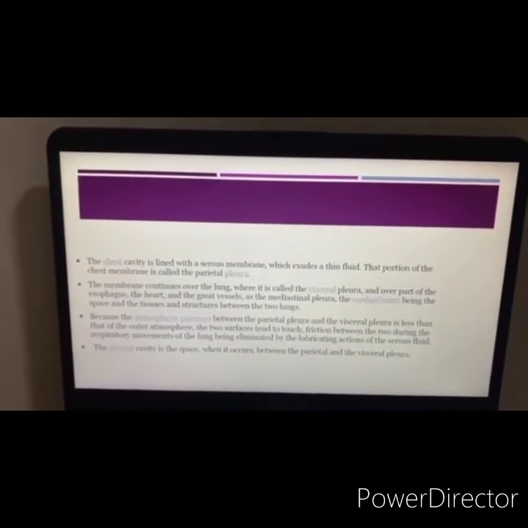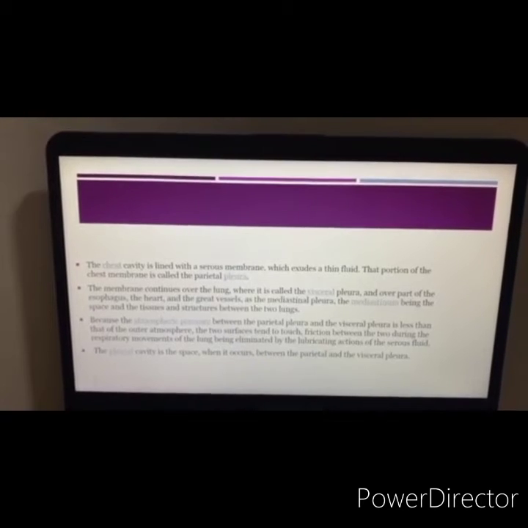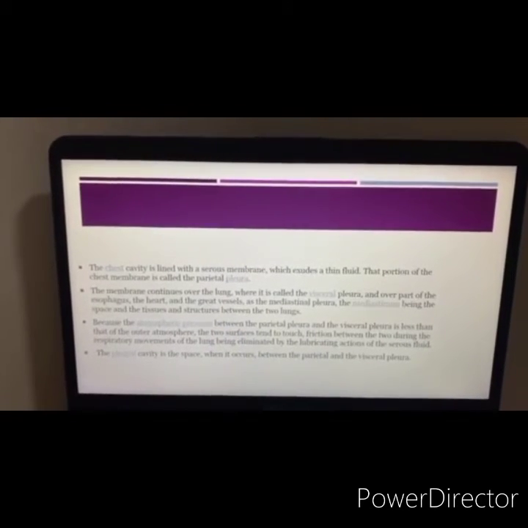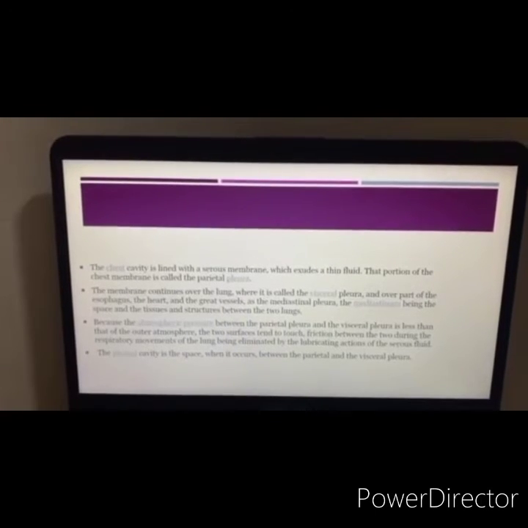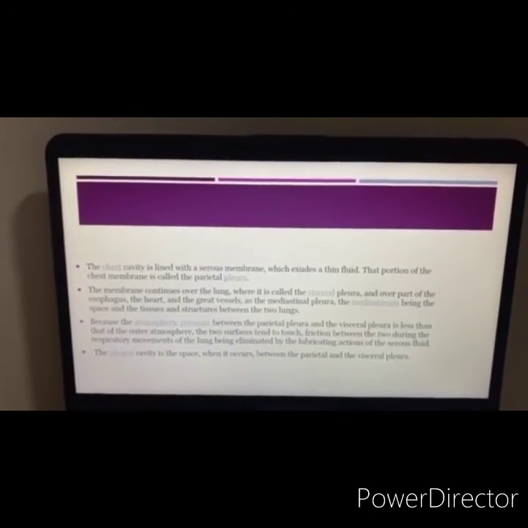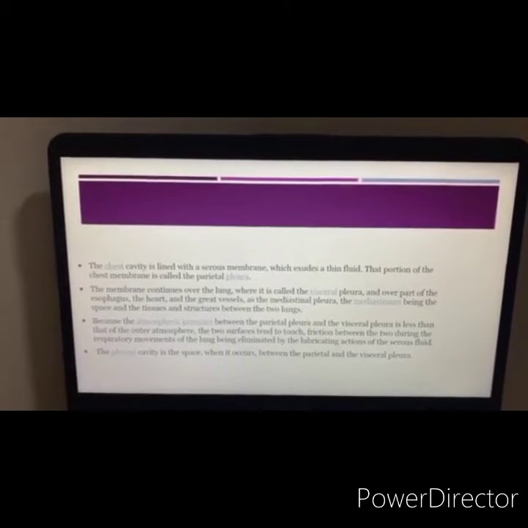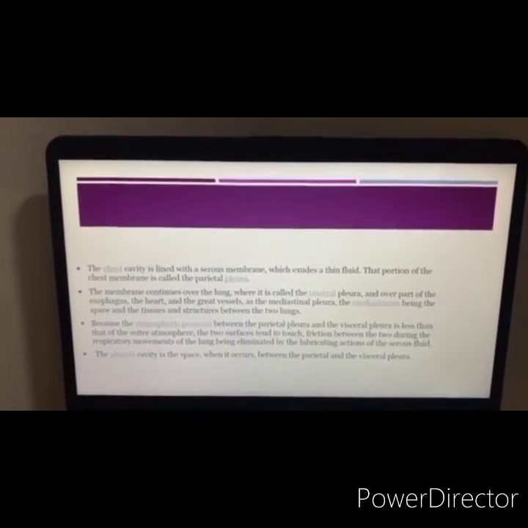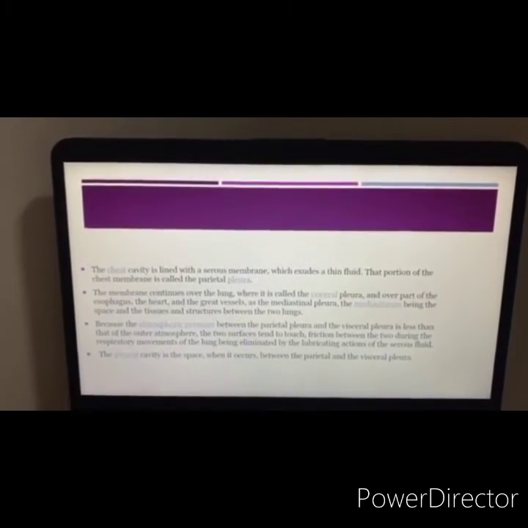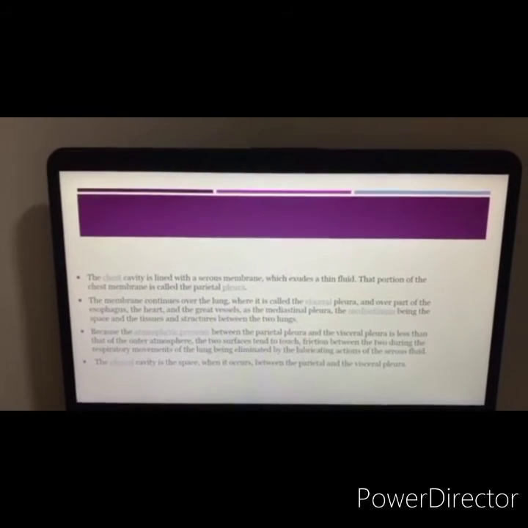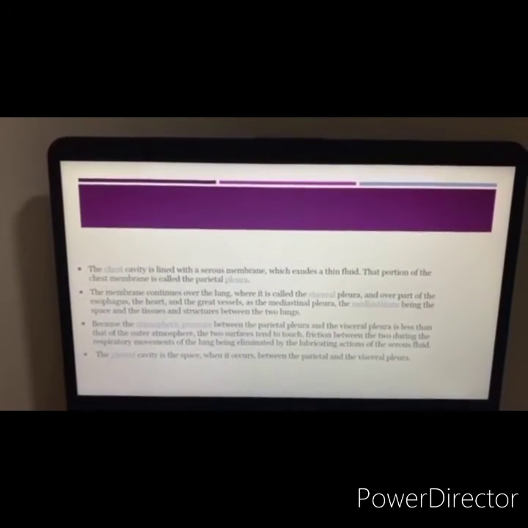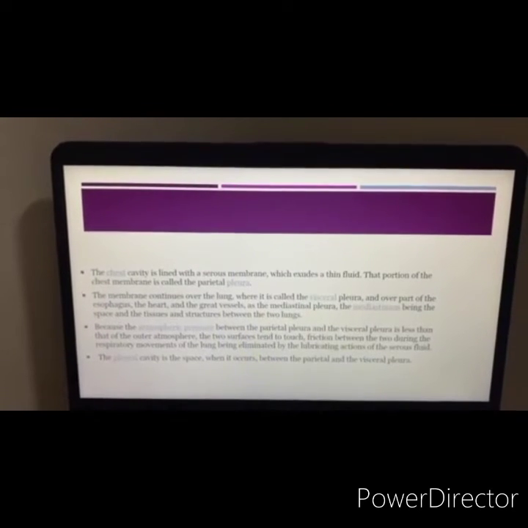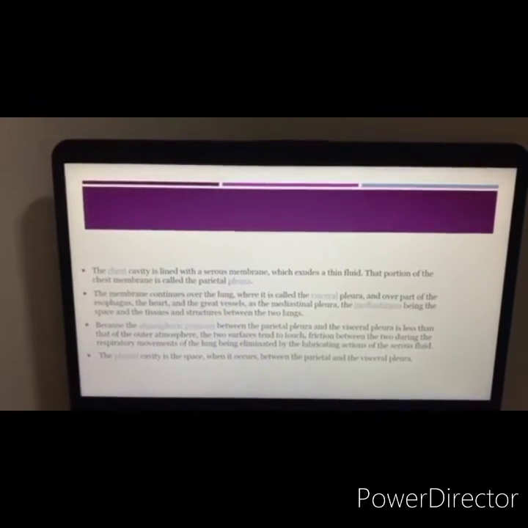The chest cavity is lined with a serous membrane which exudes a thin fluid. That portion of the chest membrane is called the parietal pleura. The membrane continues over the lung, where it is called the visceral pleura, and over part of the esophagus, the heart, and the great vessels, as the mediastinal pleura, the mediastinum being the space and tissues and structures between the two lungs.